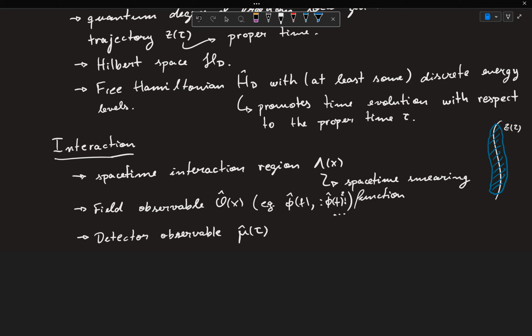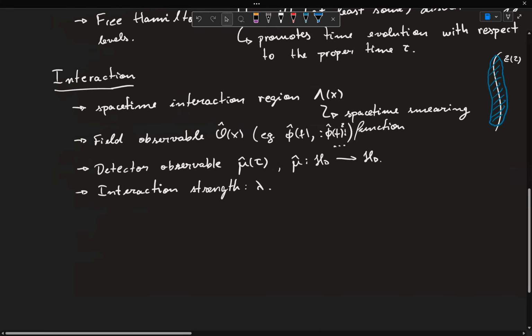So this mu basically is a linear operator in the detector Hilbert space. Okay. And finally, we are going to need an interaction strength, or a coupling strength, or a coupling constant. It's a lambda.